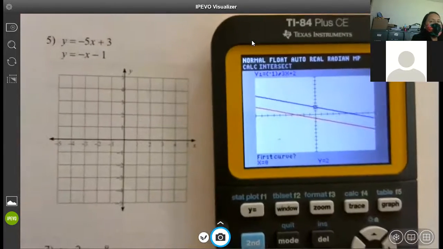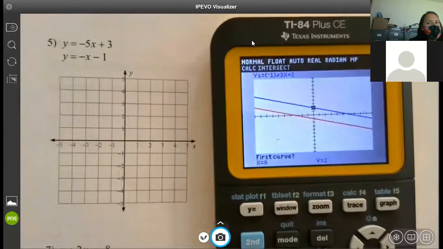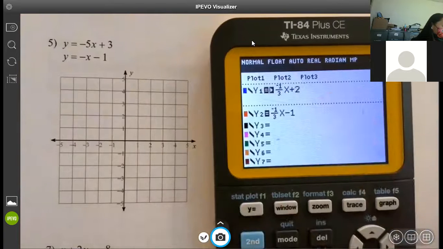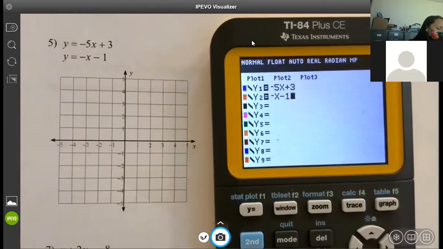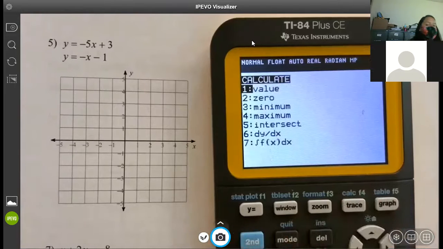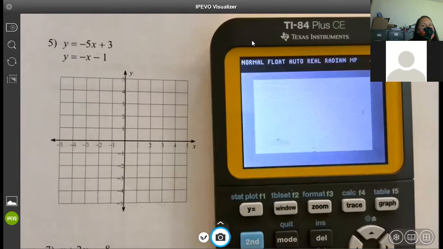All right. We're going to go into y equals and clear everything out because we don't need what's in there. Type your first equation in, negative 5x plus 3. Type your second one in, negative x minus 1. Where do I go from here? Second trace. Intersect.